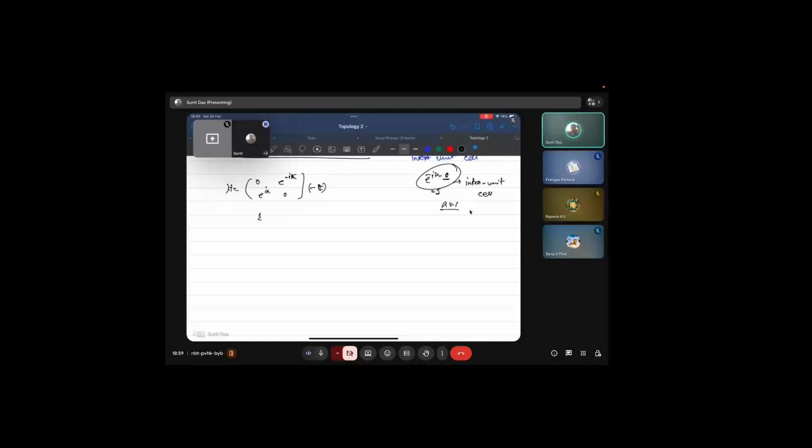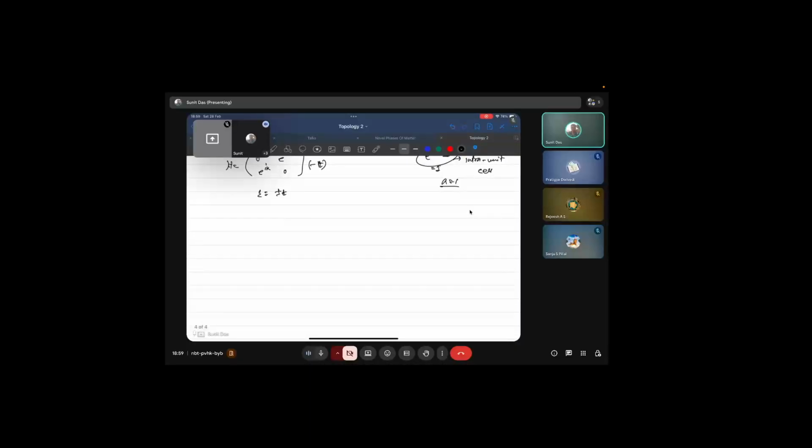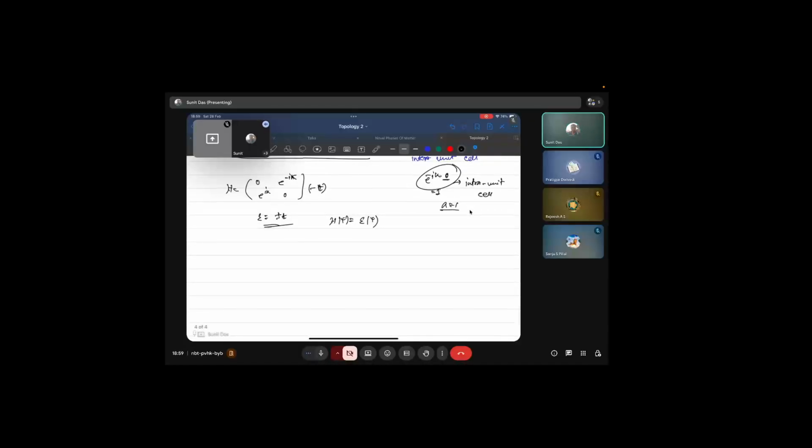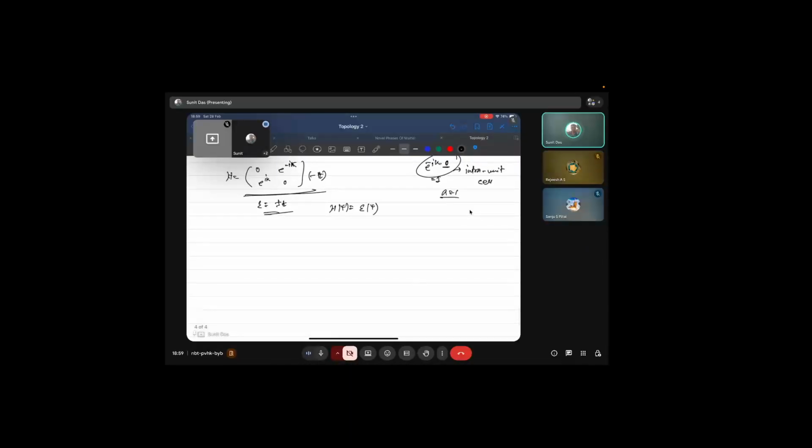So again you will get two energies, plus and minus t. If you solve H psi equal to E psi, diagonalize it, or determine the eigenvalues, you will get only plus t and minus t. And if you solve this equation, you will get two states.